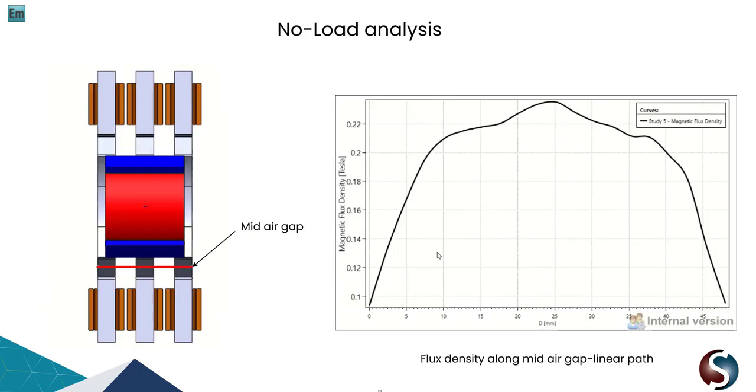So one first set of results we're able to show, and again, this is a no load analysis. We'll show you the load analysis, just bear with us. The air gap is very important. We can, for instance, plot the magnetic flux density along this red line, as you can see.